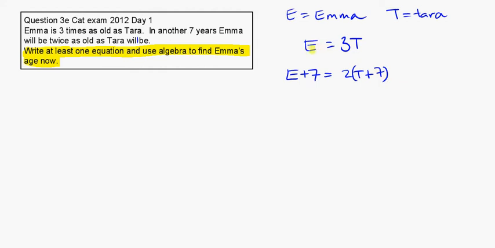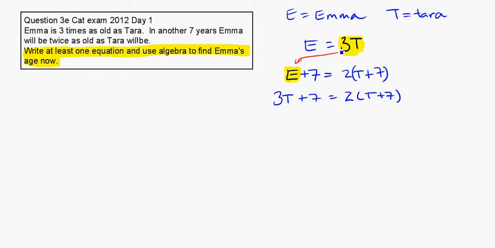So here I've started off with an easy one. E is equal to 3 times t. So if E is equal to 3 times t, I'm going to replace the E in the second equation. So do a direct substitution into that equation. So instead of saying E, I'm now going to say 3t plus 7 is equal to 2 bracket t plus 7. So a direct substitution.